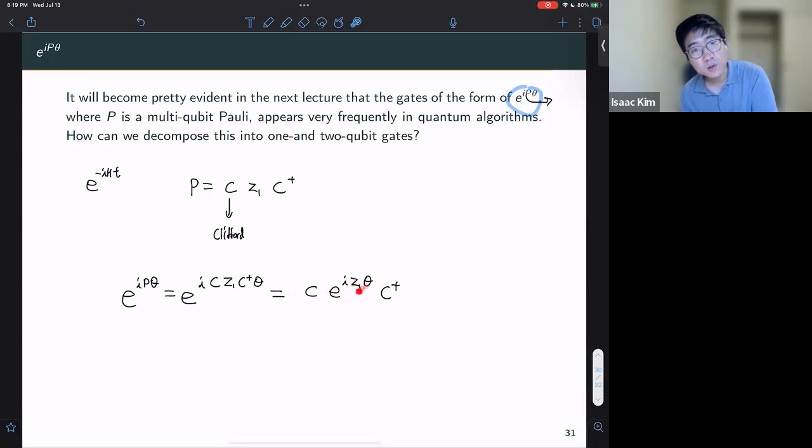And this is just a single qubit gate, e to the I Z1 theta. So even though you might think this is a highly non-local gate and therefore extremely difficult to implement, it actually is very straightforward. All you need to do is apply a linear number of 1 and 2 qubit gates in the system size.